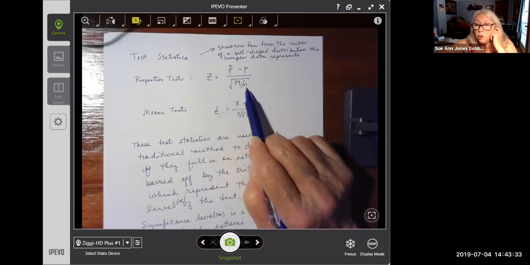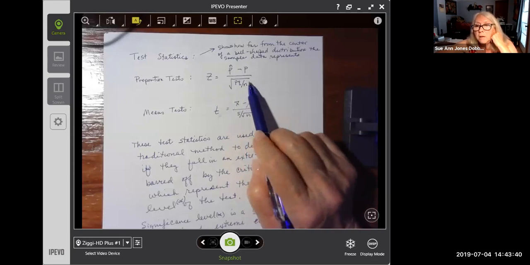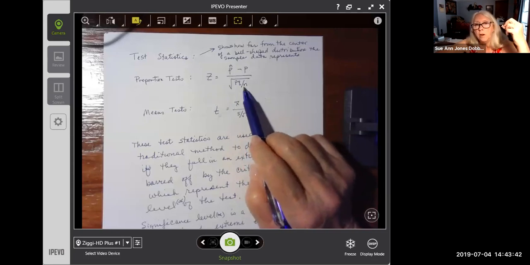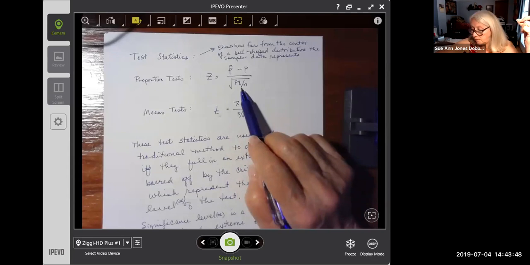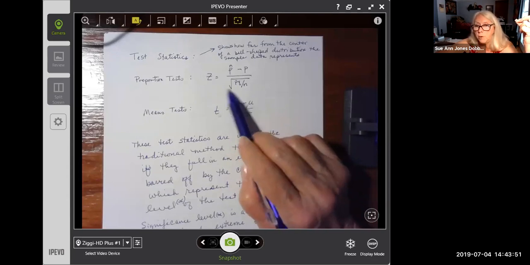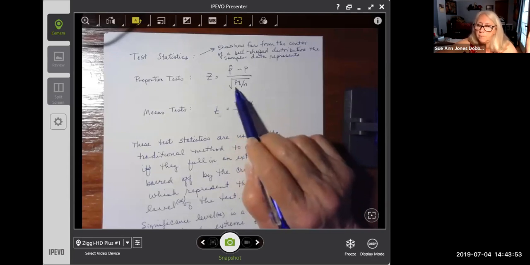Now, you may, in isolated cases, be asked to calculate these test statistics. In the work of actually doing the hypothesis test, using StatCrunch or using your calculator, this value will be computed for you. But I'm going to do an example where I compute it by hand.